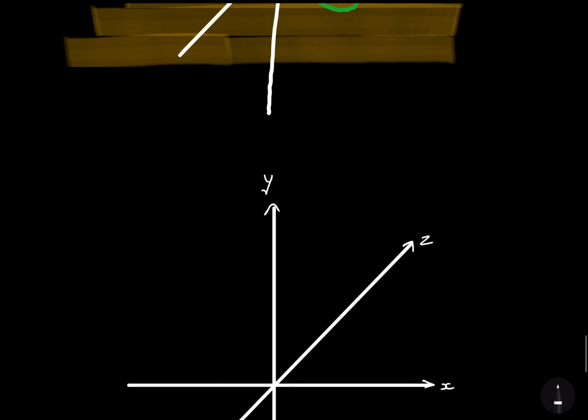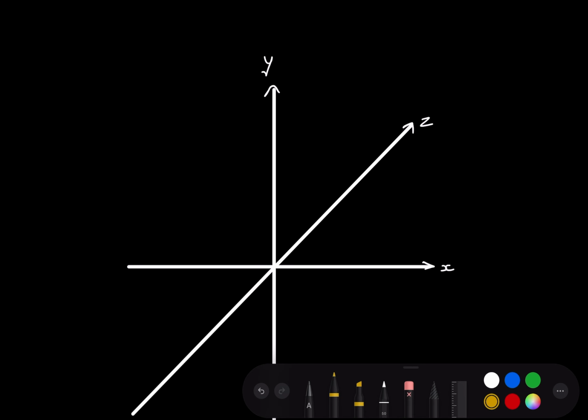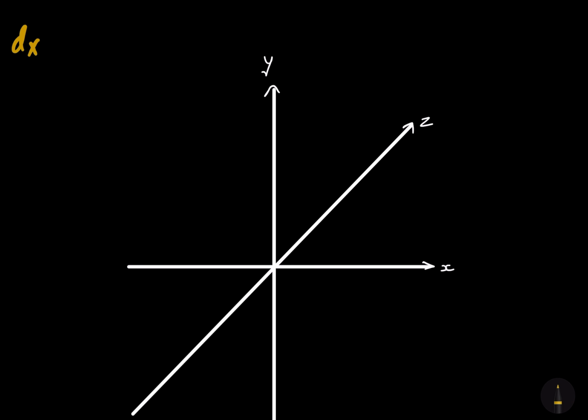Now finally move to the last one, dx square minus y square. So let's say nucleus is present at the origin.